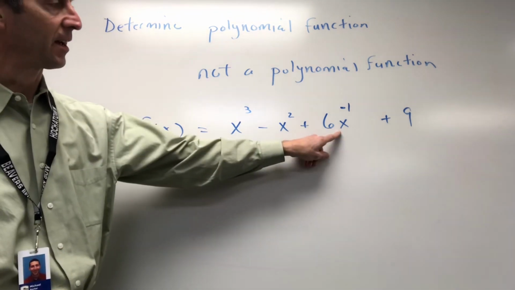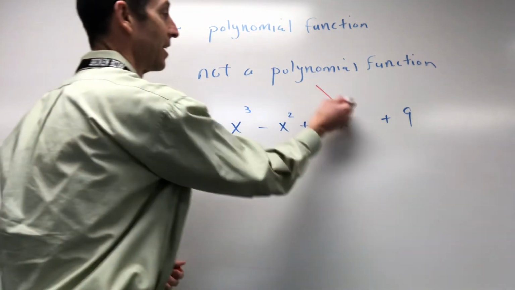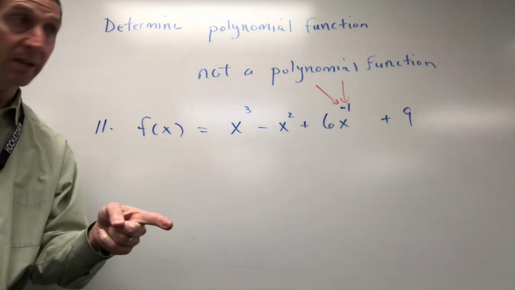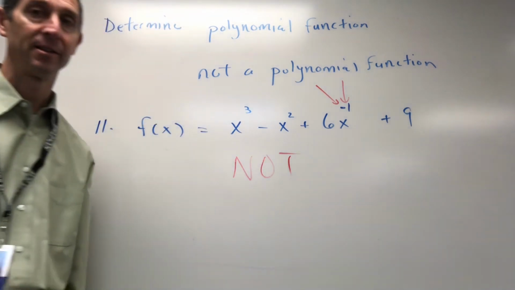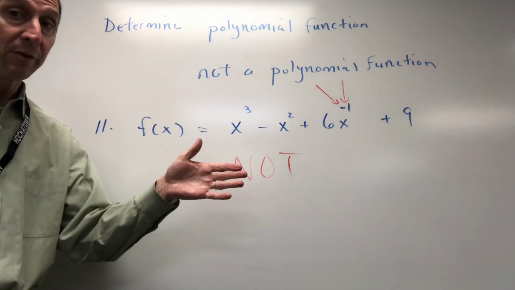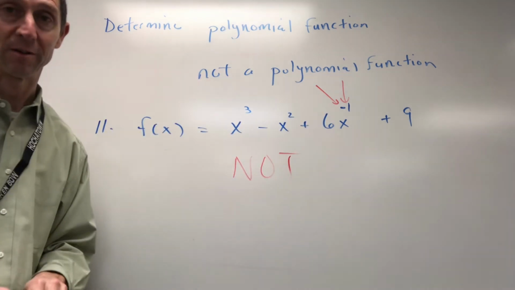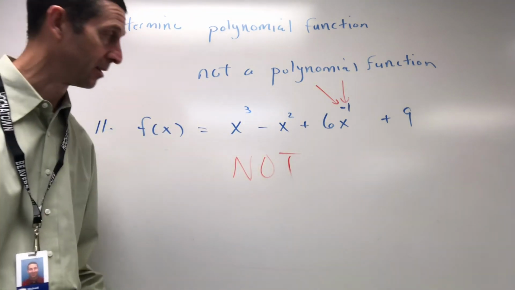If my x has a negative exponent, like I'm looking right at it, anytime that shows up, that guarantees this is going to be not a polynomial function. So, is it a polynomial function? No. What makes it not a function? Negative exponent.